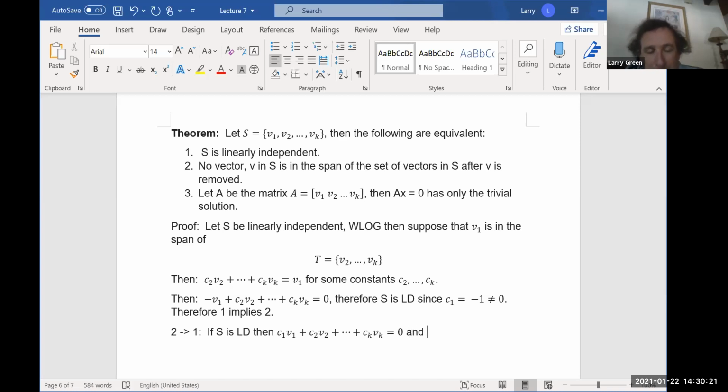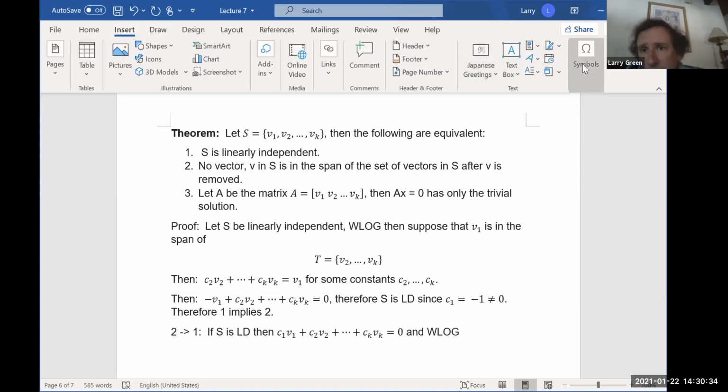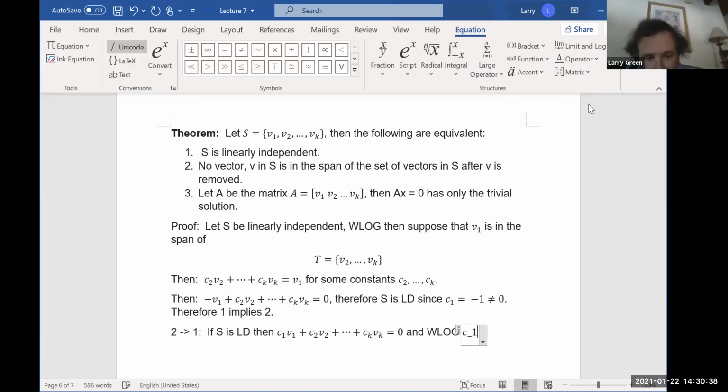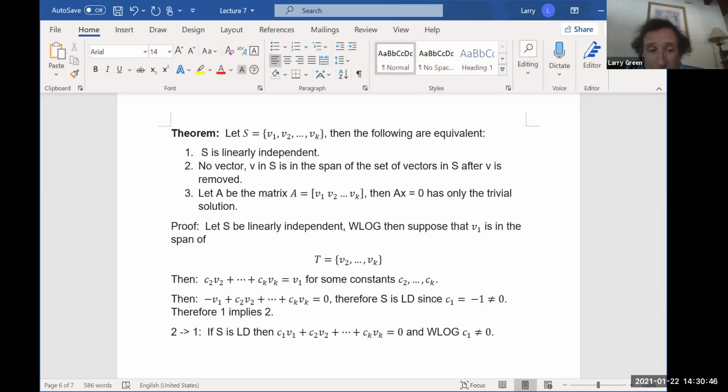And one of the C's is not 0. And I'm going to do WLOG, C1 is not equal to 0.